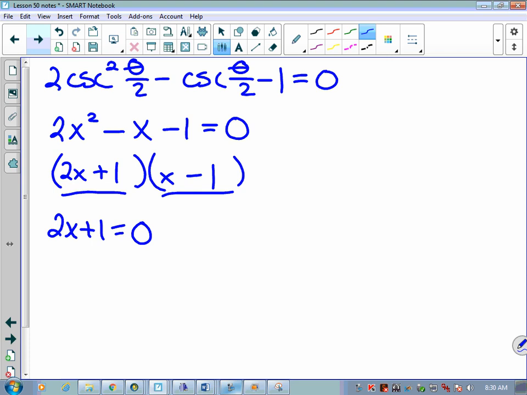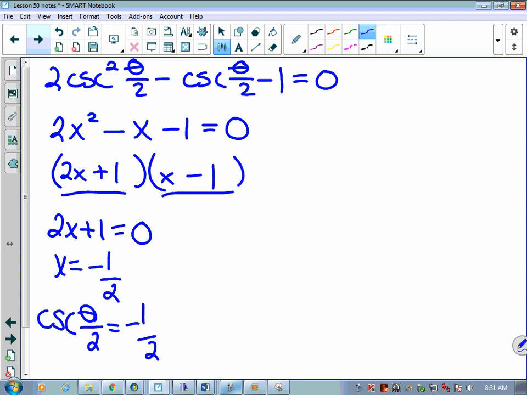So you get x equals negative 1/2. So we end up with cosecant theta over 2 equals negative 1/2. Let's see if that'll work. And if that works, if it's easier, then we'll do it that way.